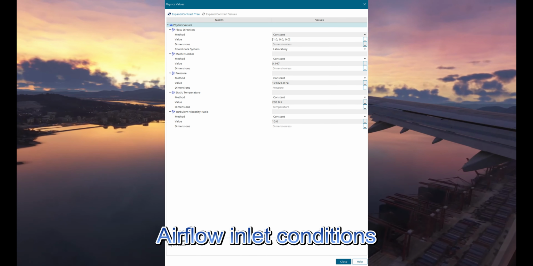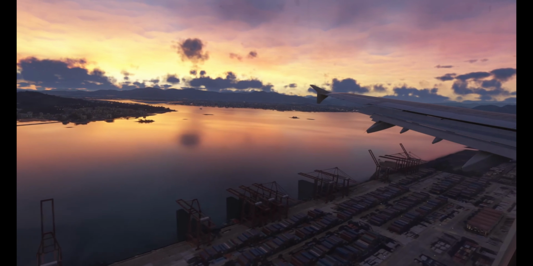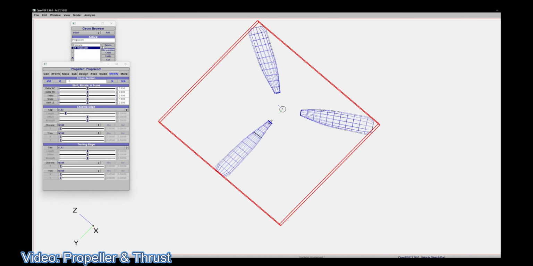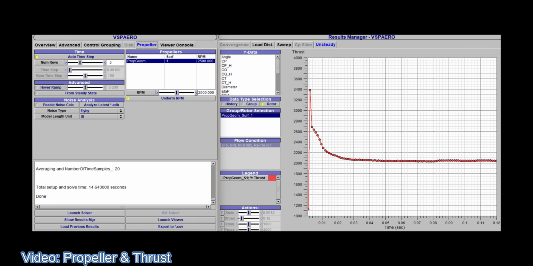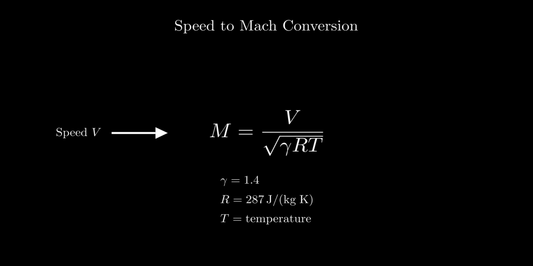The gas constant R and the heat capacity ratio gamma are kept at their default values. Considering the propeller thrust at the motor's maximum power, the maximum level flight speed I previously calculated is around 50 meters per second. So here, I also set the airflow speed to 50 meters per second. Under ideal gas assumptions, the corresponding Mach number is about 0.147.